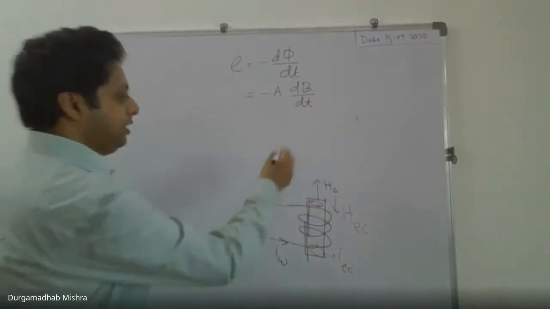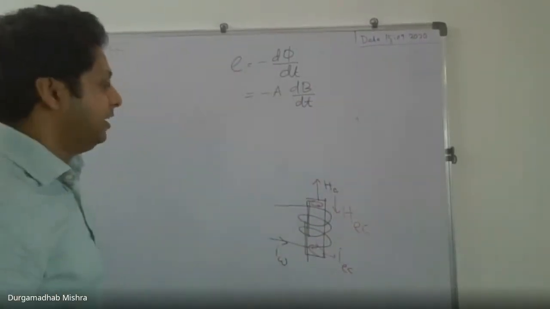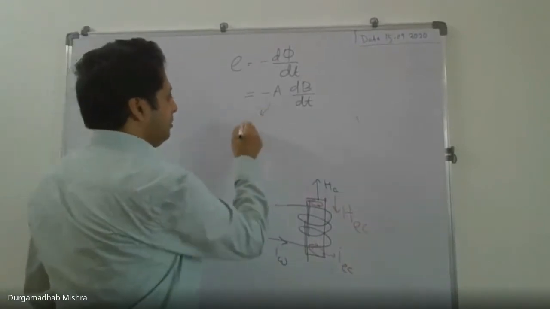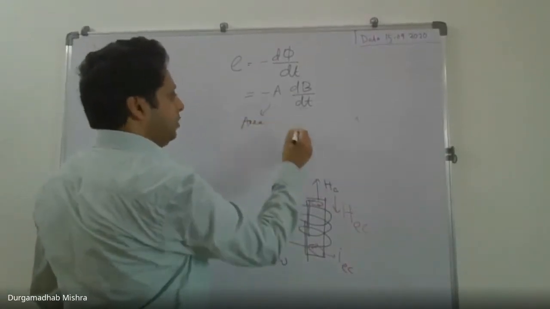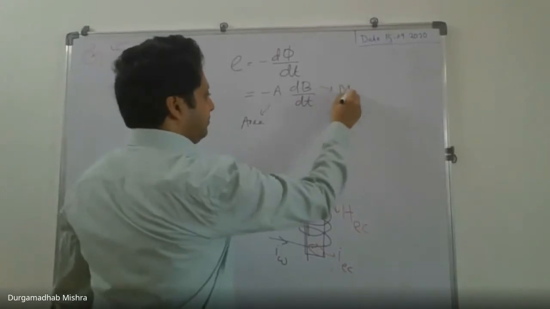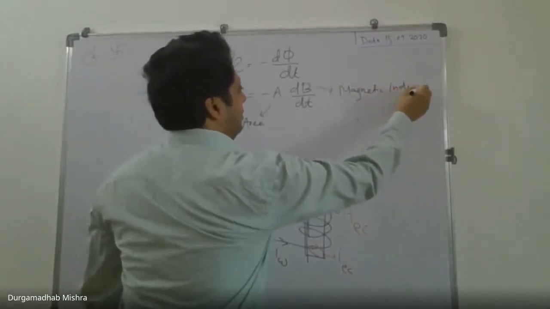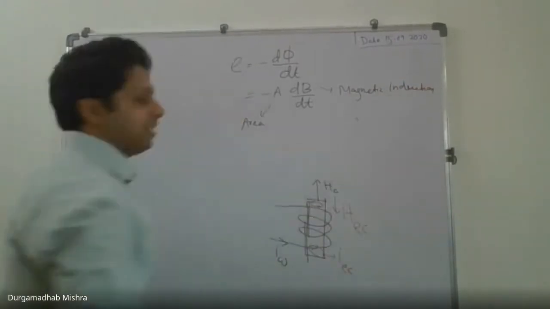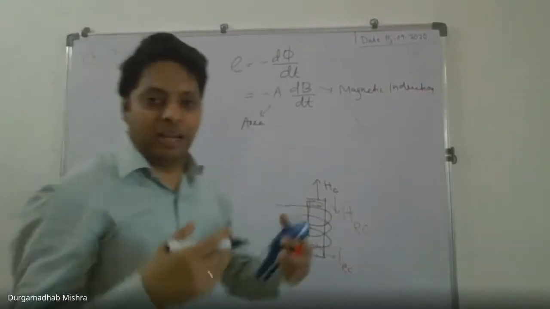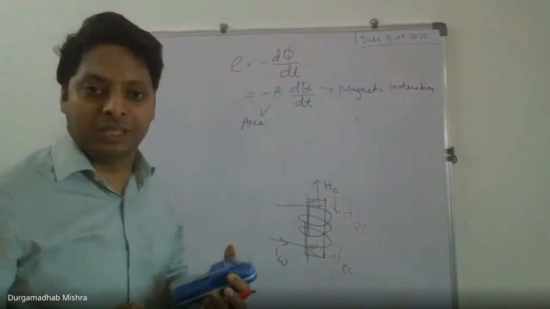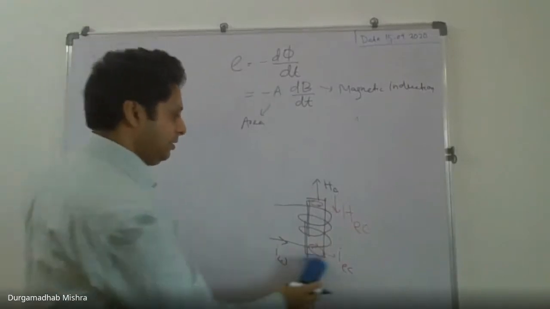A is your cross-sectional area, and B is your magnetic induction. This eddy current will exist for any material. It doesn't matter whether it is magnetic or non-magnetic.